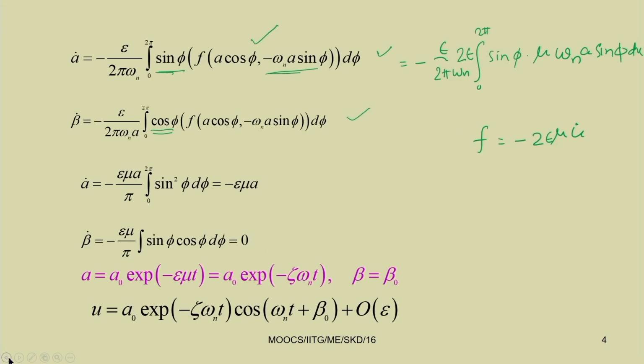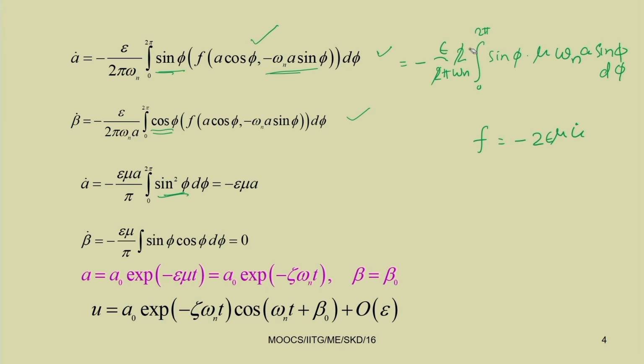So, this integration becomes sin phi multiplied by sin phi, that is sin square phi, and we got this minus. So, minus epsilon mu A by pi. The 2 cancels, as we have already taken the epsilon.